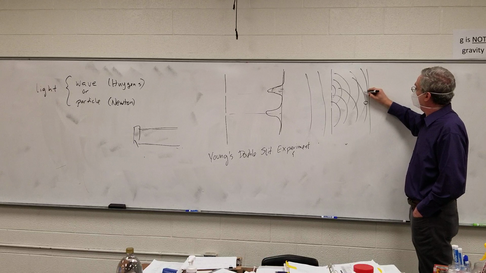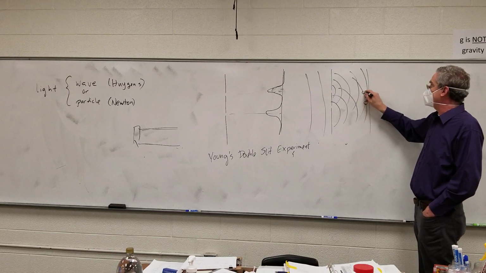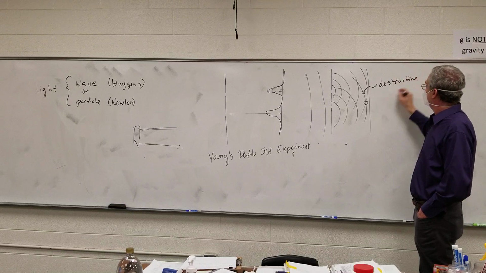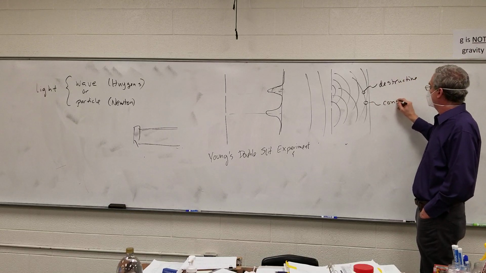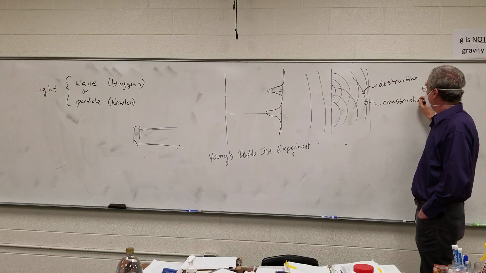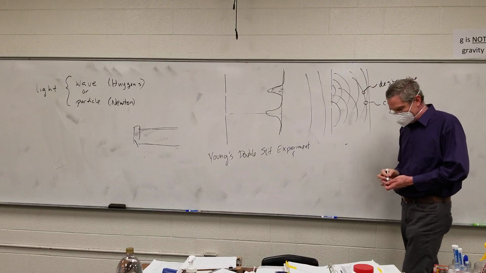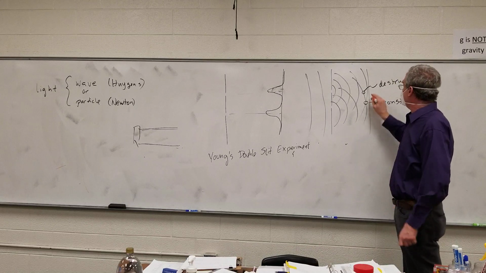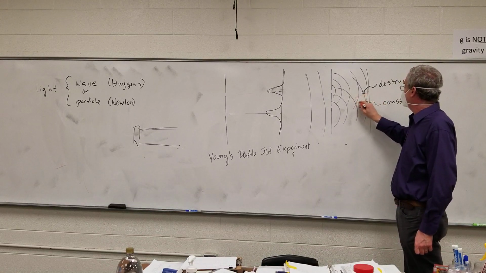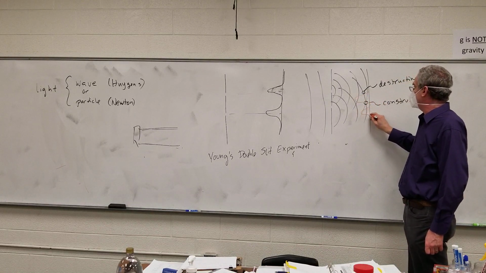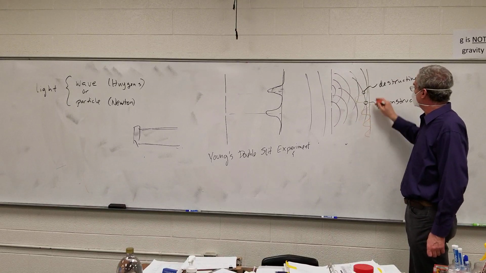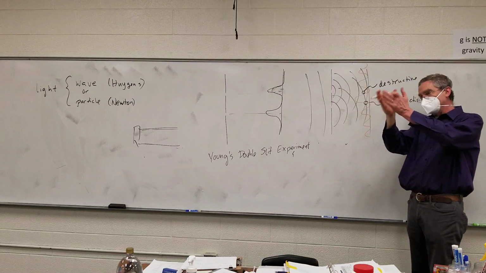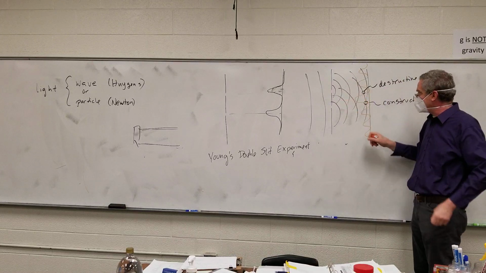And the places where one is troughing and the other one's peaking, so right here, this would be destructive interference. And what I would see against the wall there would be, the brightest spot would be in the middle. Then there'd be a less bright spot and then a less bright spot, but I'd have these alternating bright spots, brightest in the middle and less bright as you go, but I have multiple spots.